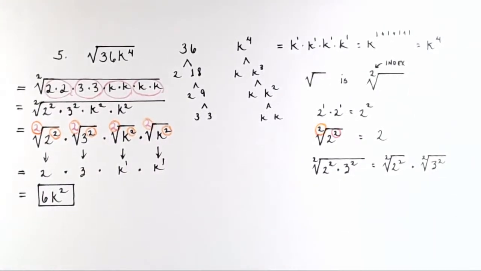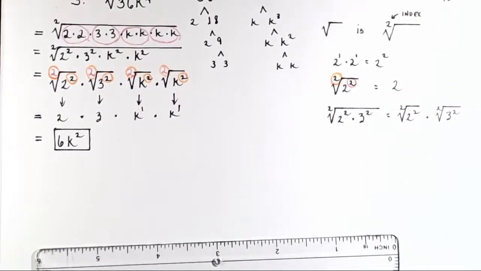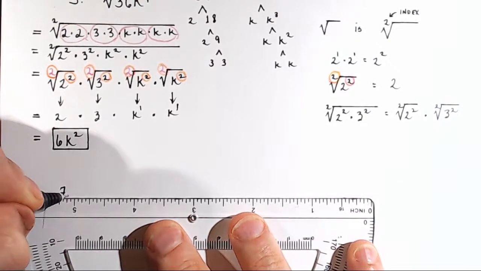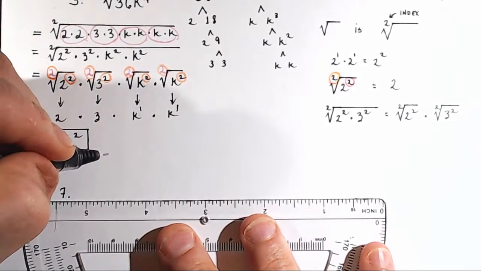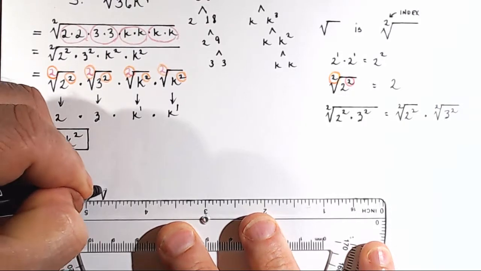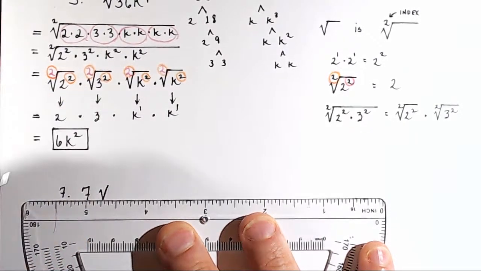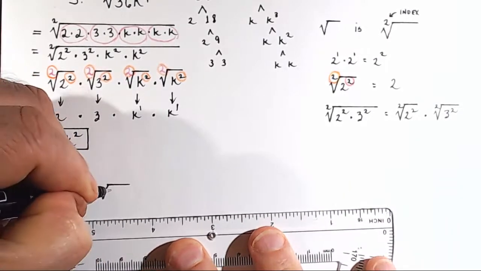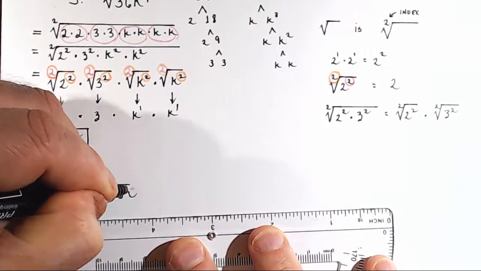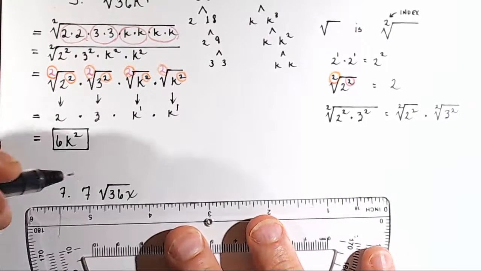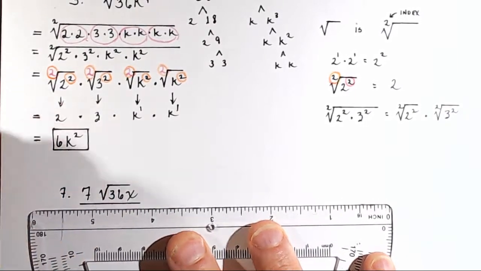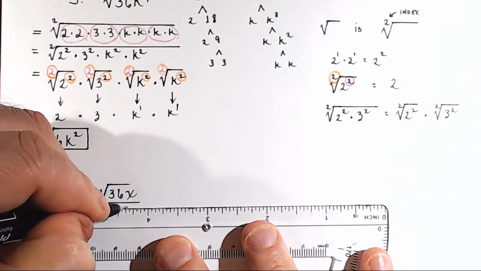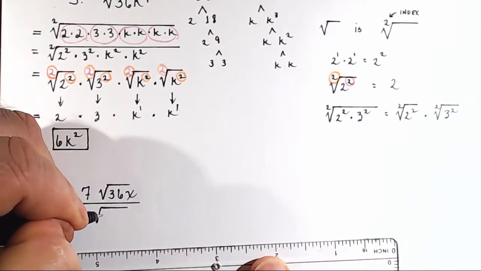Here's the final part of this. Let's take number 7. Okay, number 7, we are given 7 square root 36x over square root 21x.